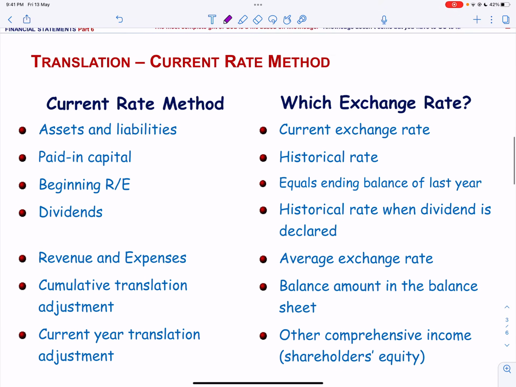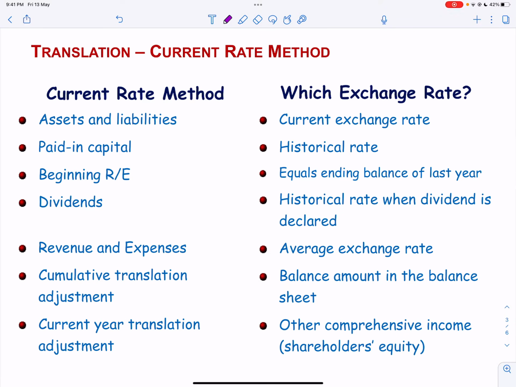First of all, let us look into what exchange rate should be used under the current rate method. Current assets and liabilities are translated by applying the current exchange rate. Paid in capital is translated by applying the historical rate.